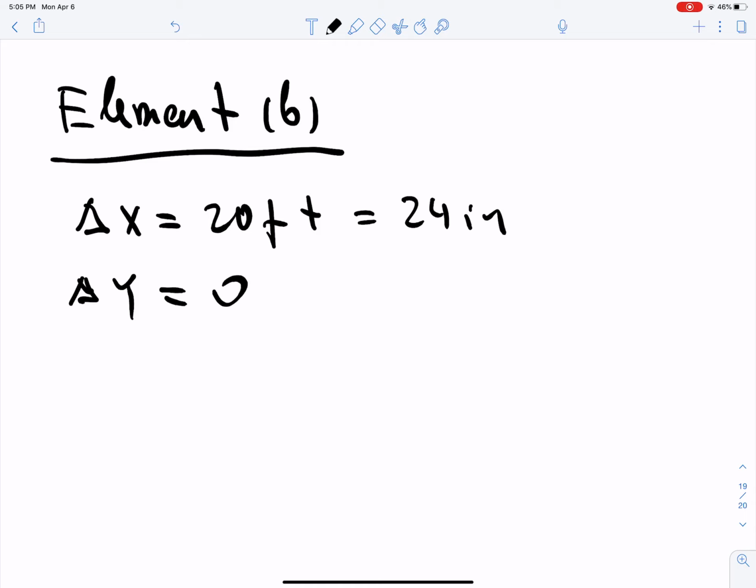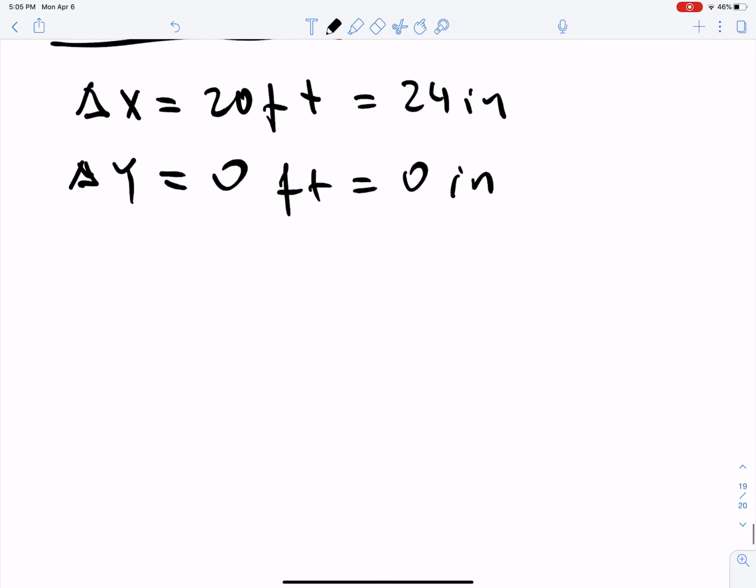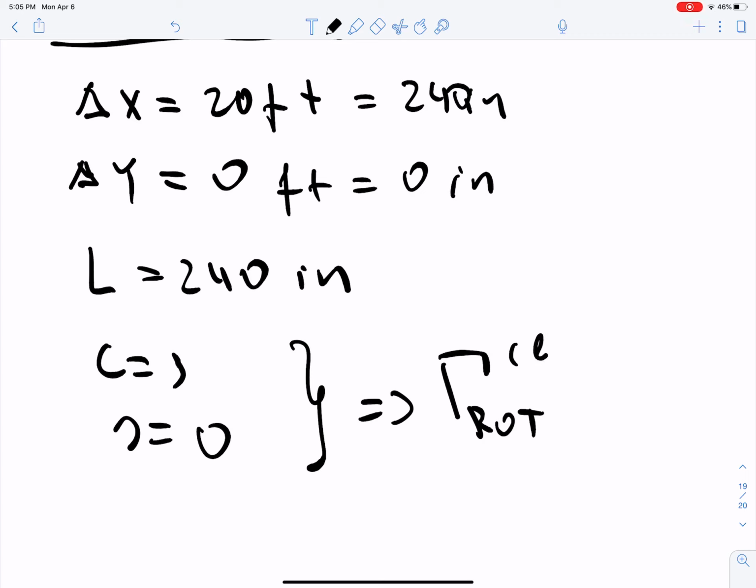The element happens to be flat. L is 240 inches, so this is not 24, this is 240. Cosine is 1, sine is 0, which implies that the rotation matrix for element B is exactly a 6 by 6 identity.